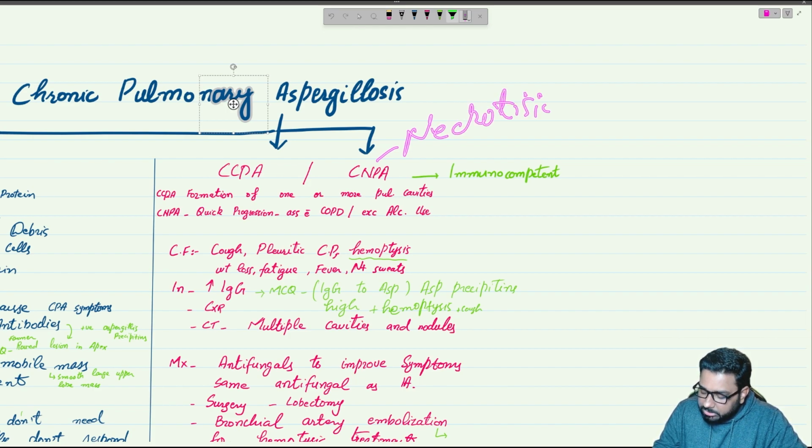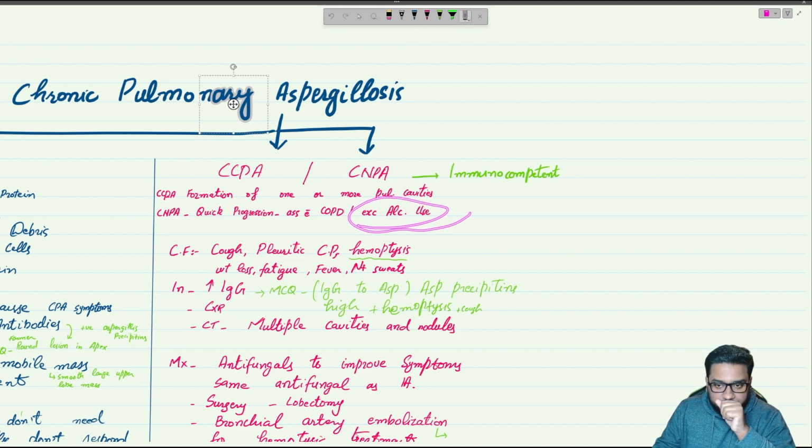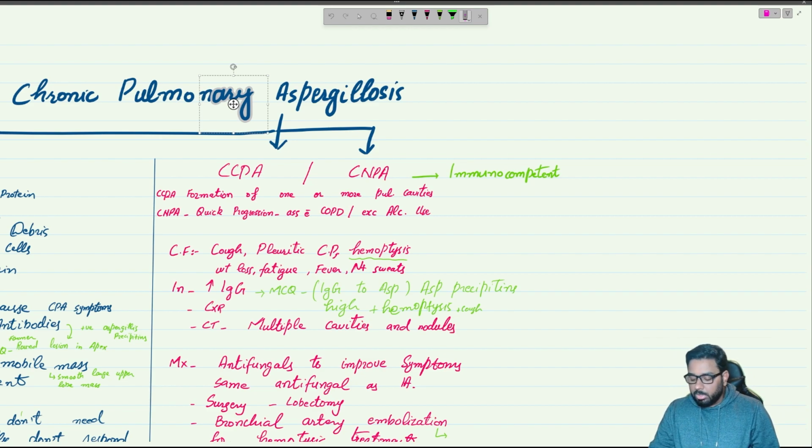They both are the same at the end of the day, but the necrotic form is quicker and it is more evident in people who are excessive alcohol abusers.